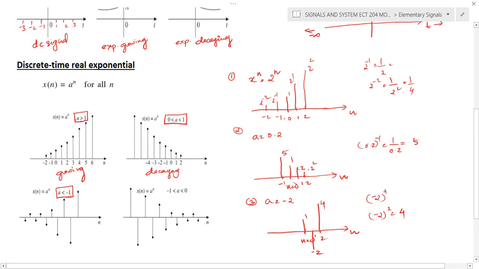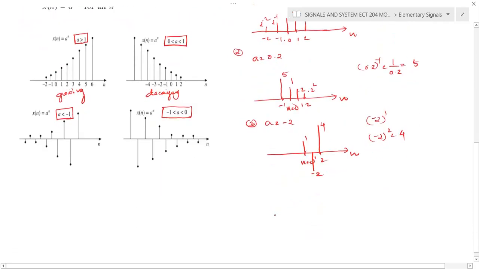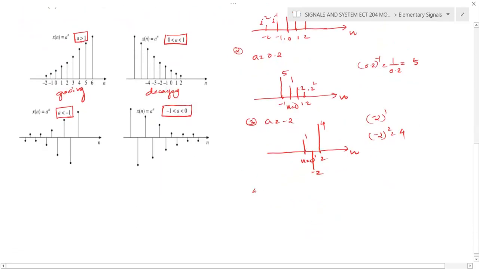Now we'll see another example, when the value of a is between minus 1 and 0. For this case, you will get a decaying signal, but alternately positive and negative. We can try this by substituting a value, for example, a equal to minus 0.2. If you draw this graph, at n equal to 0, you'll get 1.